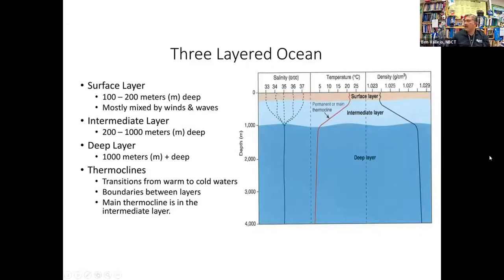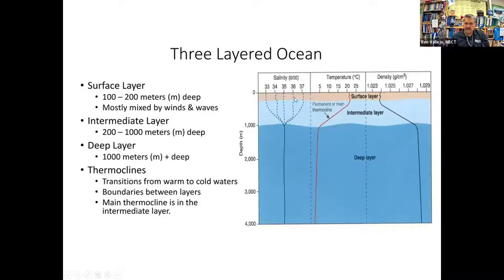The formula for density is mass over volume. So you're going to get more and more salt stuck in there in the deep layer water. And because the deep layer water is saltier, it's going to stick near the bottom. So that's temperature and density.